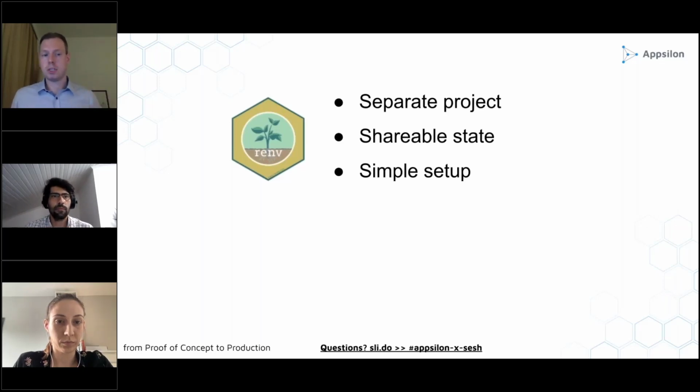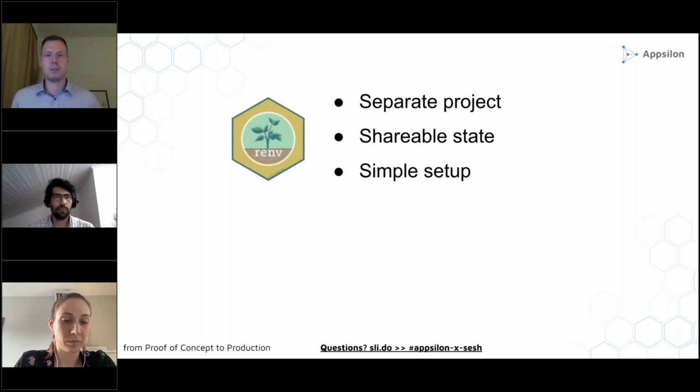It allows you to share the state with other developers within the team, and this is very, very simple to set up, and allows you to actually control your environment and be sure that your app will be working. I guess a few days ago, I saw some tweet that it's amazing that my code works after a year, and it shouldn't be surprising for an experienced R user.